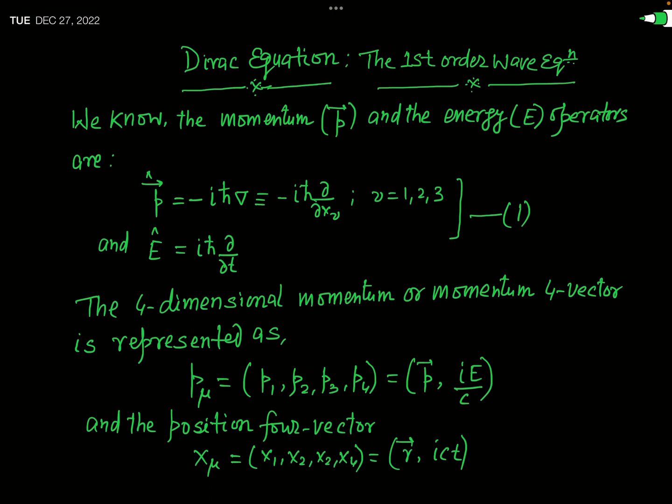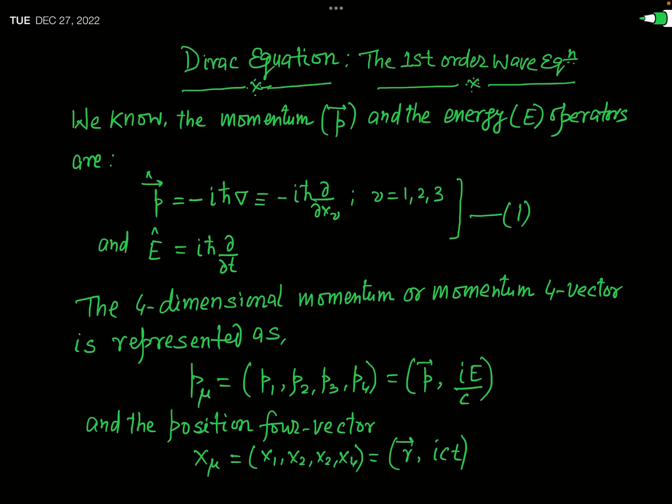Now in this lecture, we are going to first of all know what the Dirac equation is, and what the prerequisite is to know the Dirac equation, or in other words, what the problem with the Klein-Gordon equation was, which was removed by Dirac.